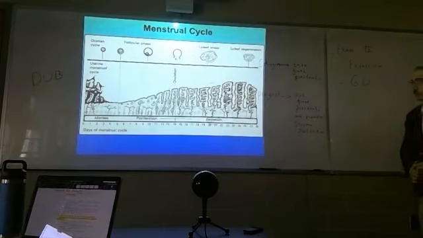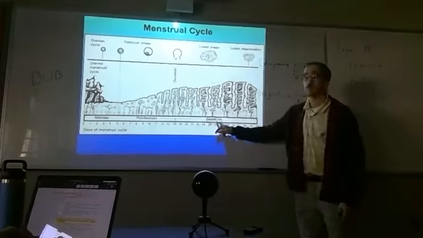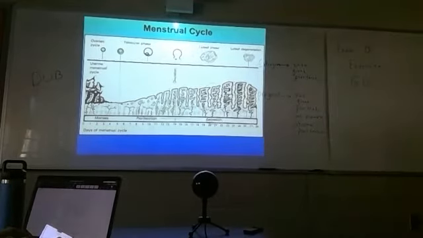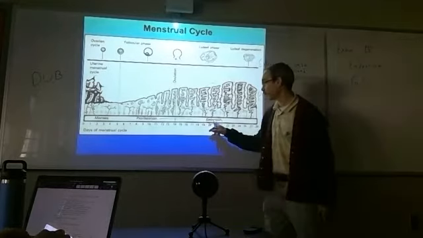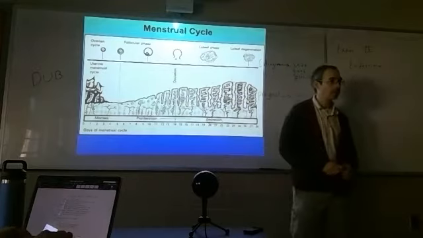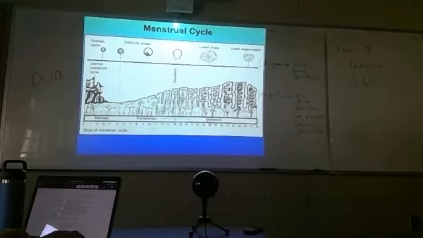And so what we do, again, is we biopsy her endometrium when she should be in the secretory phase. If she's in the secretory phase, everything is fine. We've got to look for another reason she's bleeding. If, however, we discover she's in the proliferative phase when she should be in the secretory phase, we know there's an imbalance in estrogen and progesterone. And that's how we go about making the diagnosis of DUB.